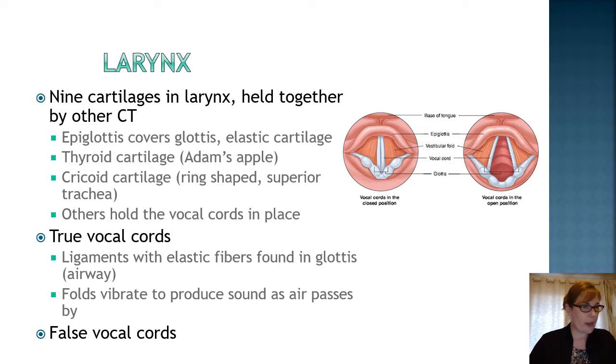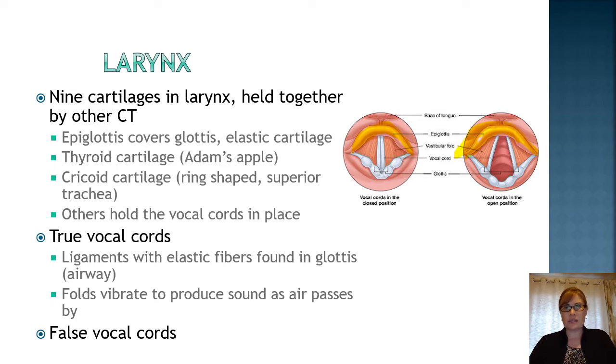So refer to your book, page 825, and look for the label that says epiglottis. This is kind of a top-down view, but we're looking at this structure right here.